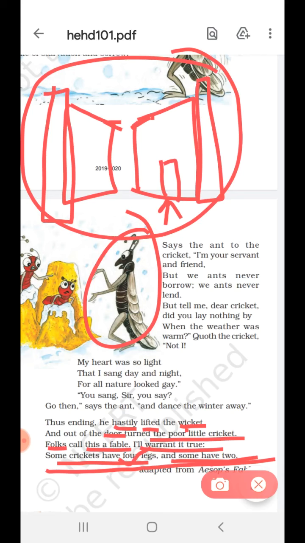So even God wants to tell us that just after day comes night. If you are careful in the day, you will relax at night. If you are not careful in daytime, your night will pass in tormenting hours.